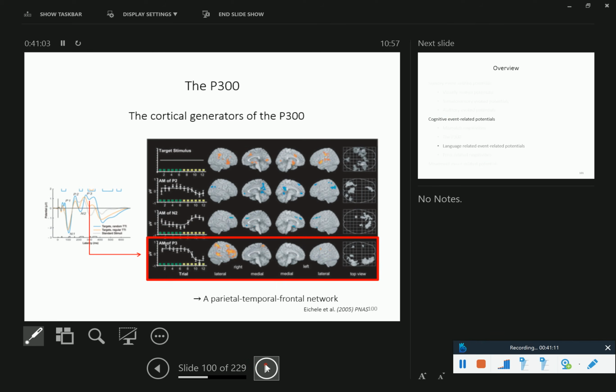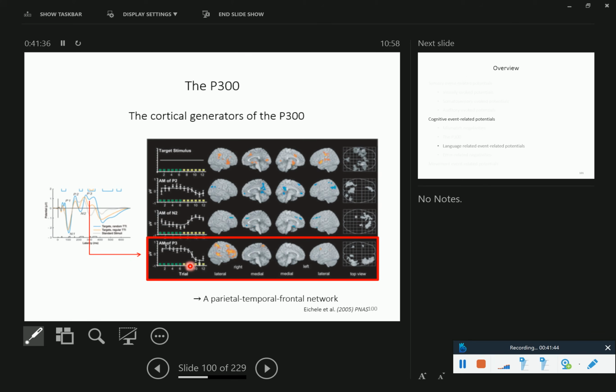So, cortical generators. This is from somebody who always sends me stuff in Neuroimage to review, Tom Eichele, who's in Bergen. So that's his work in the 2000s on the P300, where they did some EEG-fMRI correlations, and without going into the details of these figures, going over these different peaks and looking into the correlation also with the BOLD signal, a lot of brain regions show up.